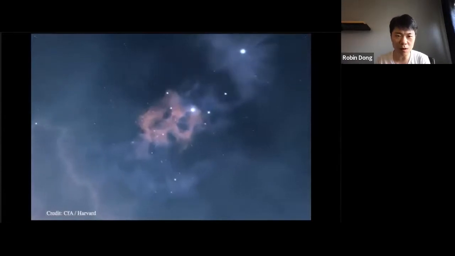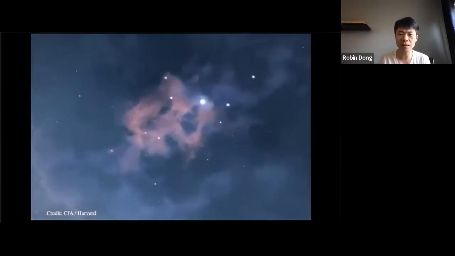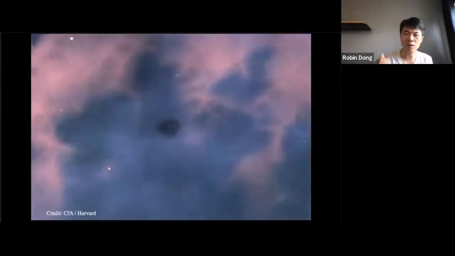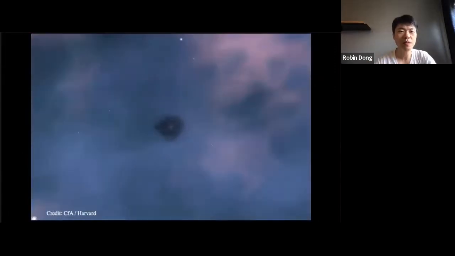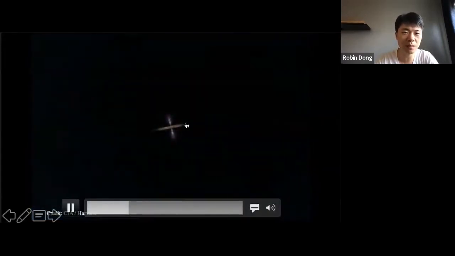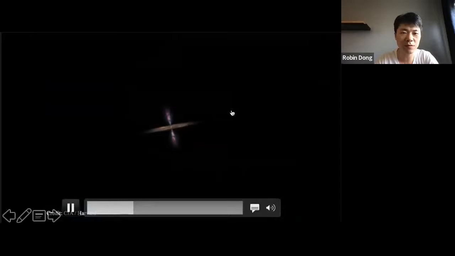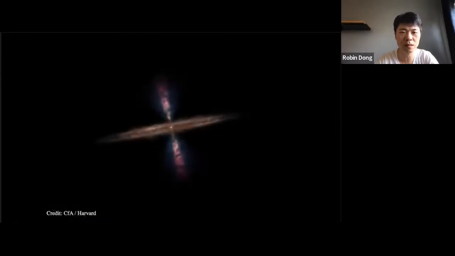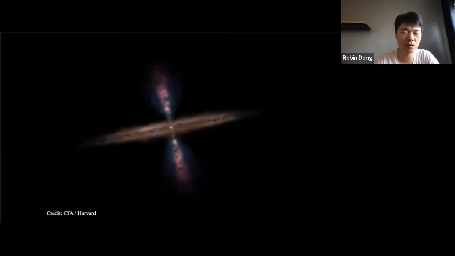We think stars form in molecular clouds as they collapse under their own gravity. Here's a cloud, and we're flying into the center. At the center, we see a newborn star, and in just a minute, we'll see a planet forming in a flattened rotating disk around the star. There are also jets going perpendicular to the disk. We don't need to worry about it for this talk.